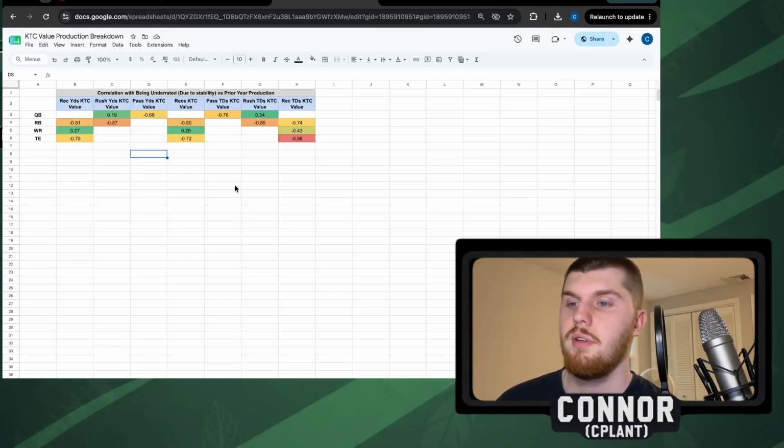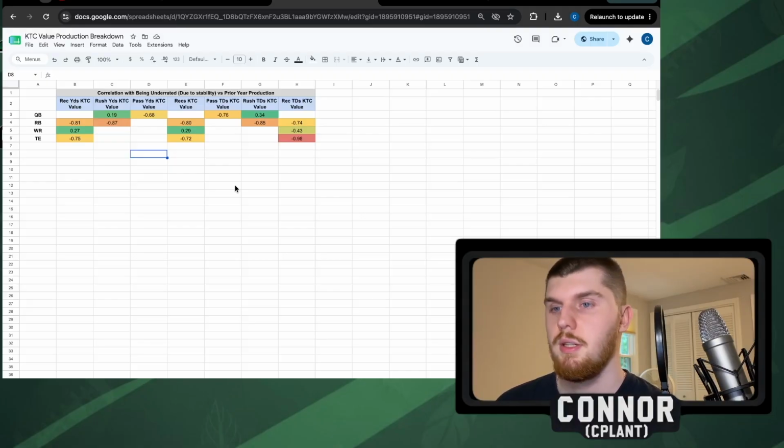And so at receiver, we see that receiving yards and receptions both have a positive correlation, where just being productive is a kind of signal that they're underrated.